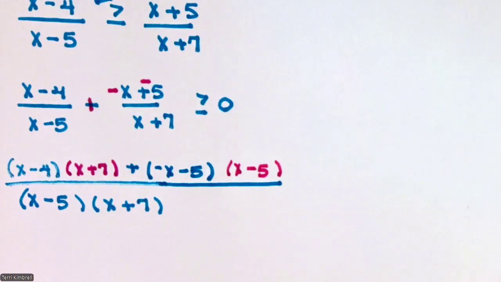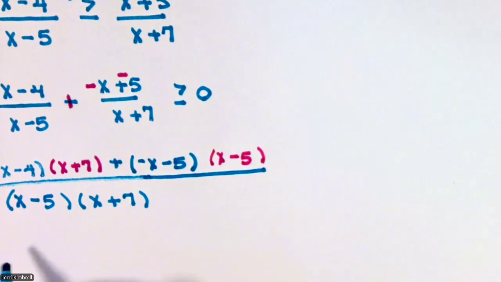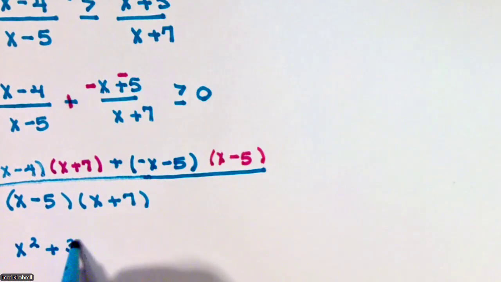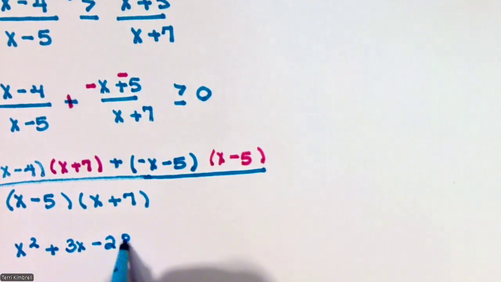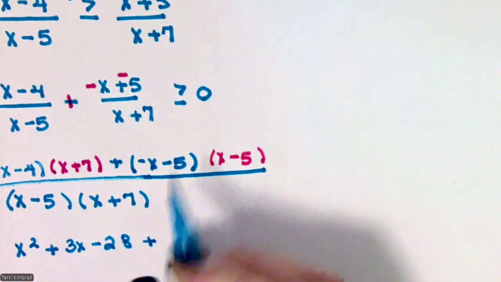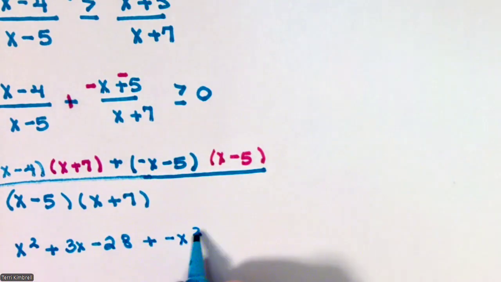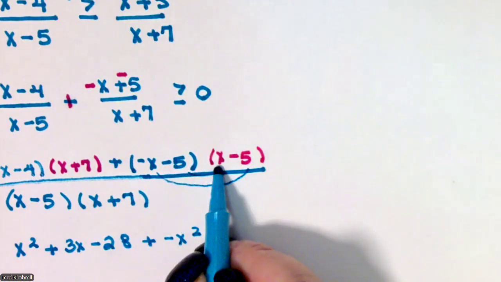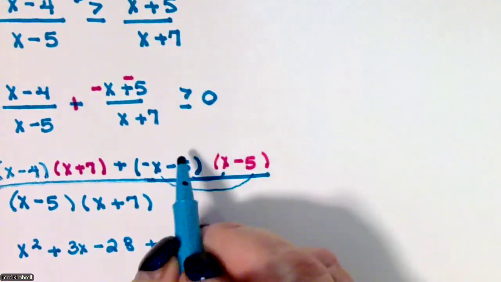Okay, so now you need to FOIL. So you need to FOIL the top. So we're going to get at the top here, x squared plus 3x minus 28. Then I'm going to get a negative x squared. That would be 5x minus 5x, which goes away to 0.